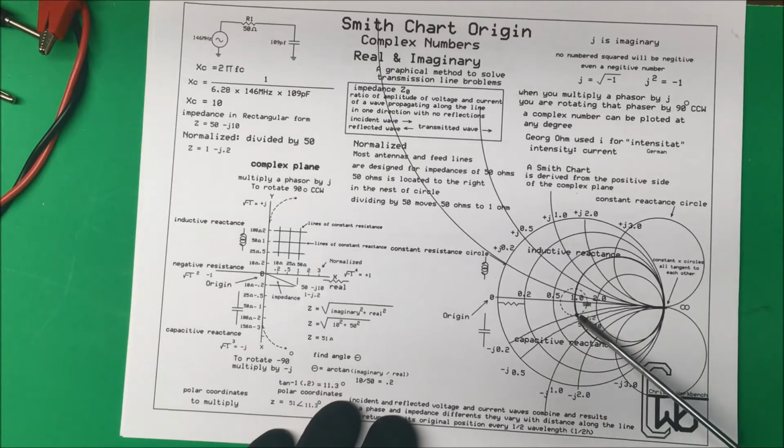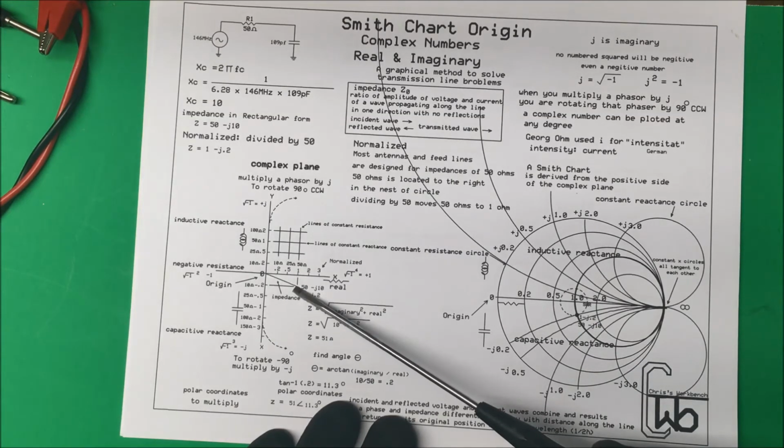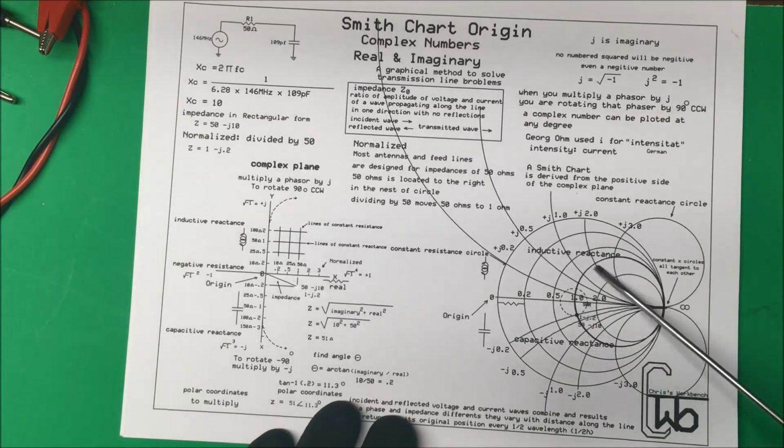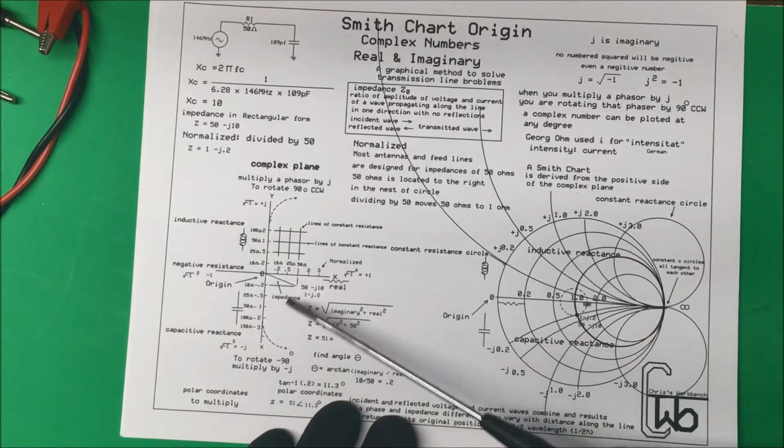So this point right here is our 50 ohms, and this is our 10 ohms this way, and that point is the same as this point. We normalize just to make it easier. If you want to normalize by a 70 ohm cable, you do the same thing and divide by 70. But we're dividing by 50, so this 1 ohm becomes 50 ohms, and this 0.2 becomes 10 ohms of capacitive reactance. So this is our point, and that's the same as that one right there.